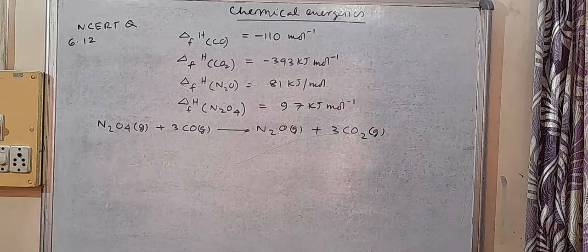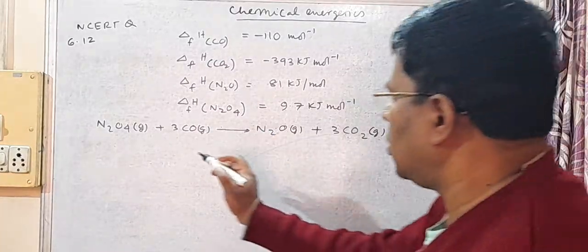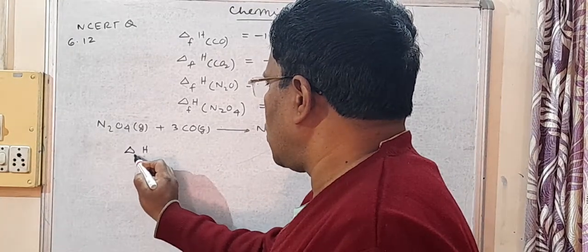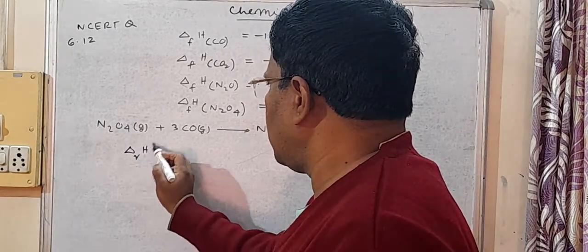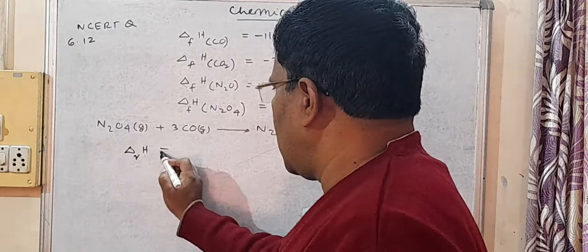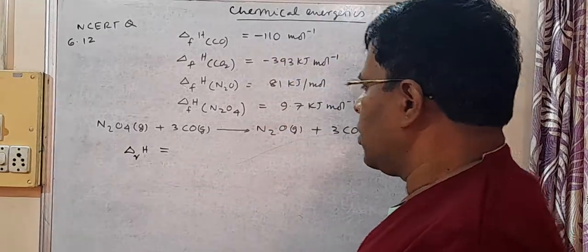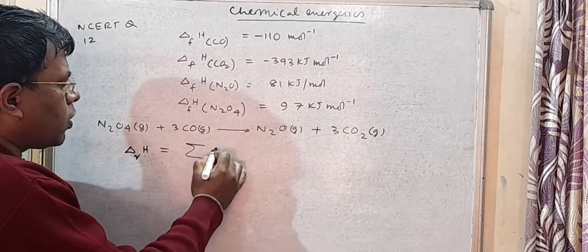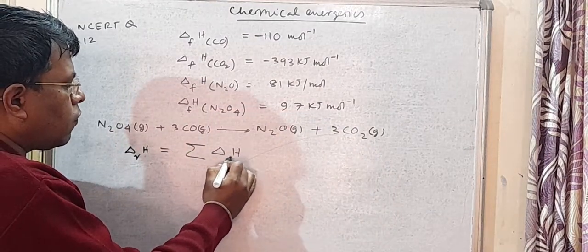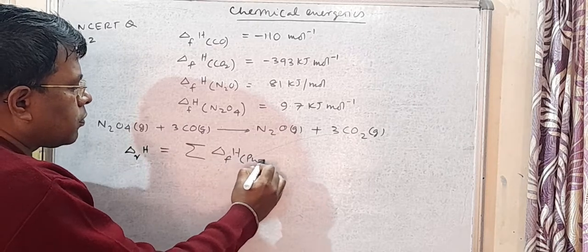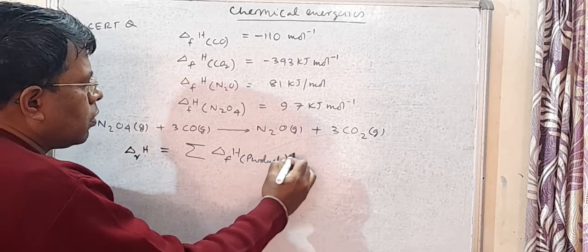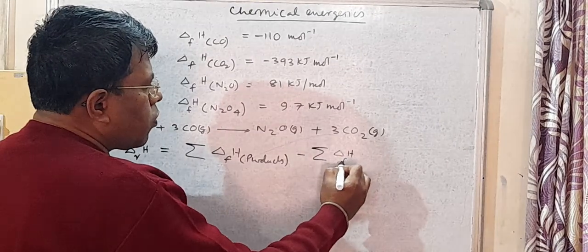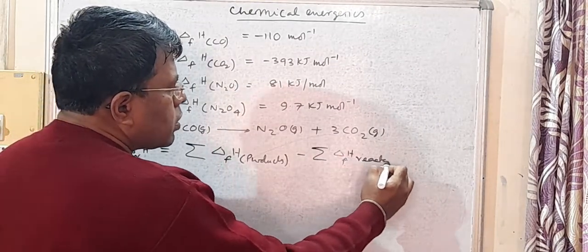We are asked to find the enthalpy of reaction for this reaction. As I said, the relation is summation of enthalpy of formation of products minus summation of enthalpy of formation of reactants.